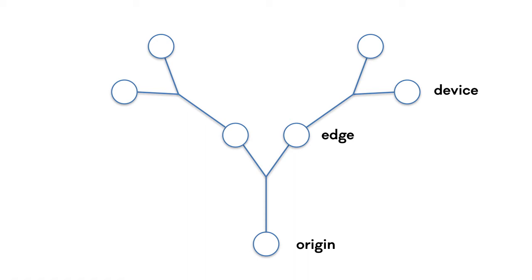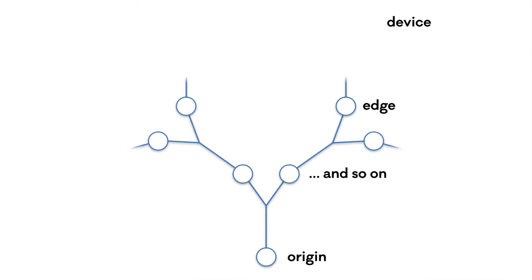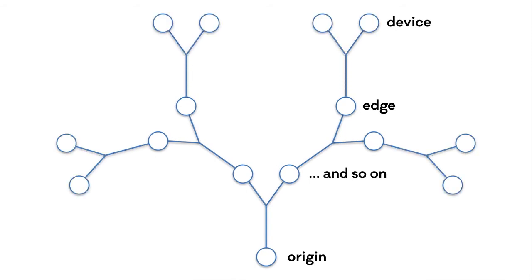It could actually be all sorts of things in between. What we refer to as edge compute, the way I look at it, is actually more about pushing logic that was traditionally done at the origin out to the branches and the leaves of this tree. But in my opinion, it goes far beyond logic.